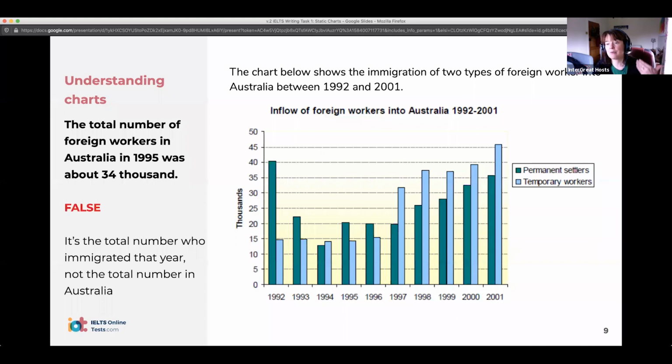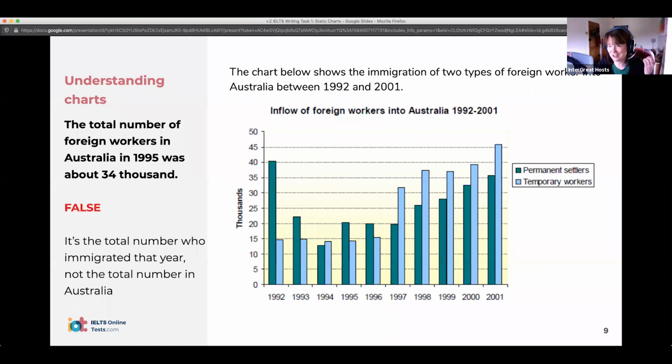So it's the number of people that entered the country that year. If you say that you're talking about the total number of immigrants in the country, it's actually not the same thing. This is talking about new immigration.